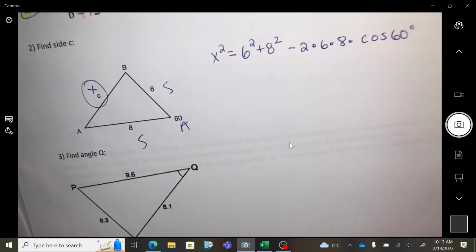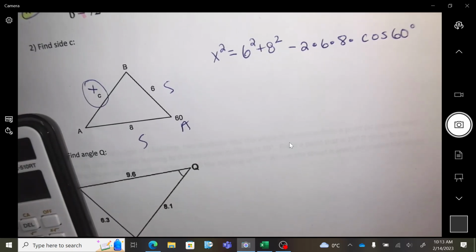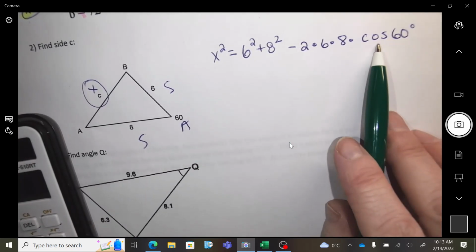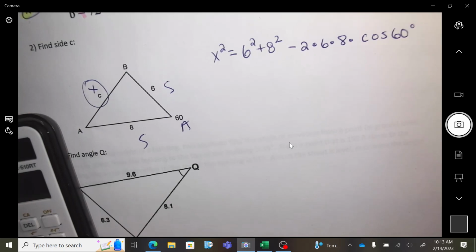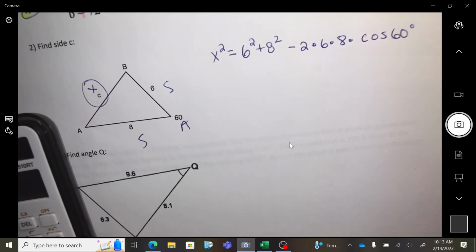I want you to make sure on your test you're paying attention to typing cos or sine. Make sure you're pushing your finger on the cos button. I get that as a mistake sometimes. People do all this, but accidentally push sine. Actually, I get it more on the inversing.